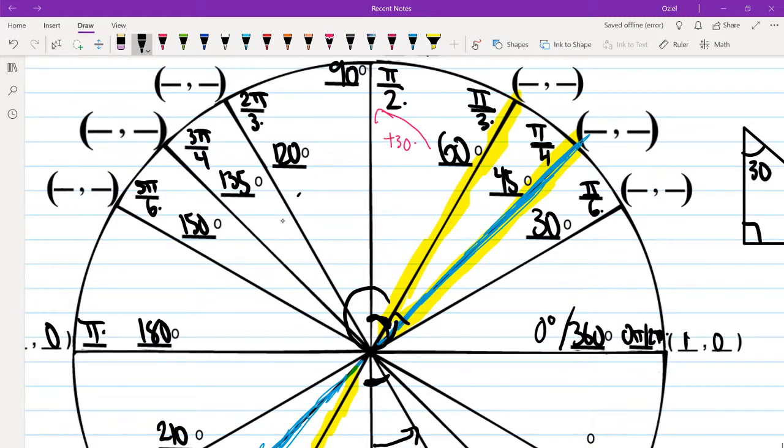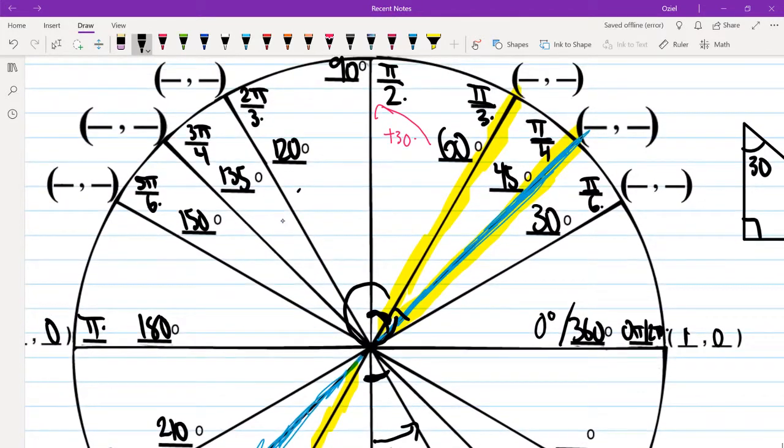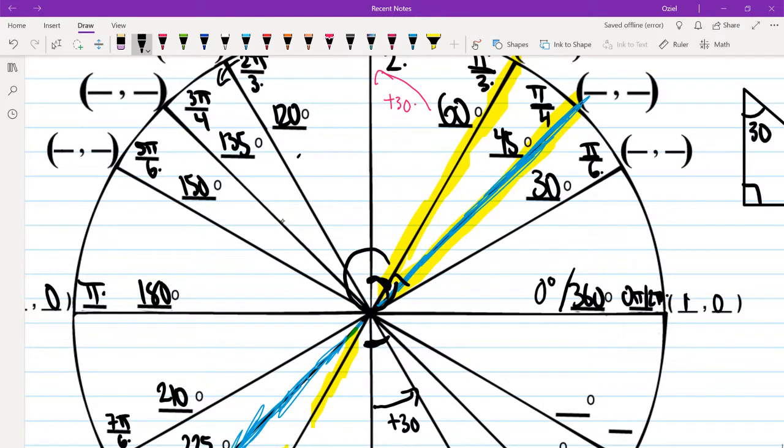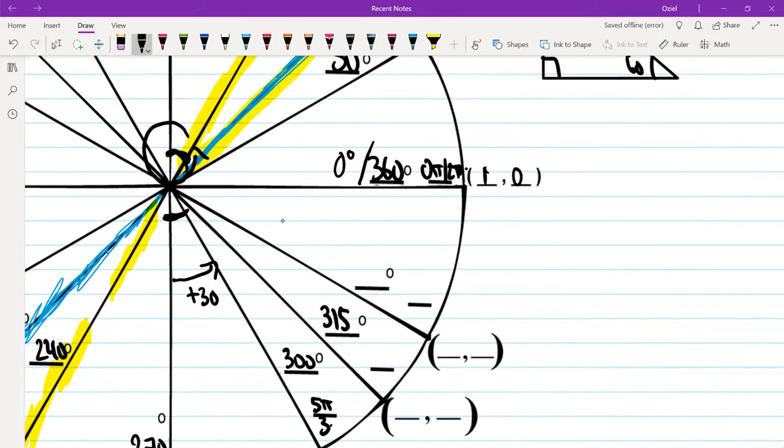So to get from 2 pi over 3 to 3 pi over 4, you would go this way, and it's going in the same direction, so it would be from 120 to 135, plus 15. So then from here to here, it has to be plus 15. So you would have 315 degrees.